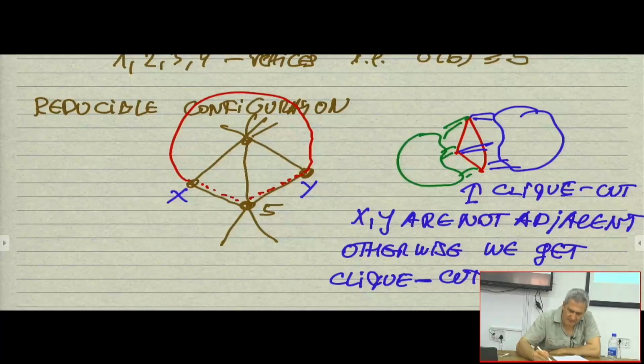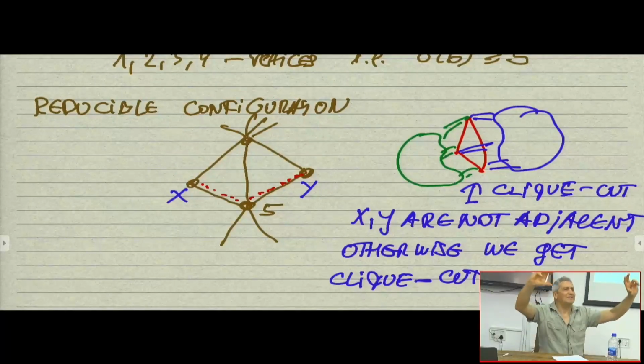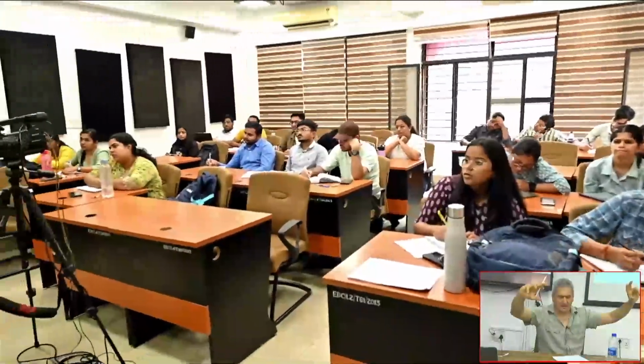I can remove this part as here. Okay. So can you see? Does anybody see how I reduce this now? That my G doesn't contain such a configuration.